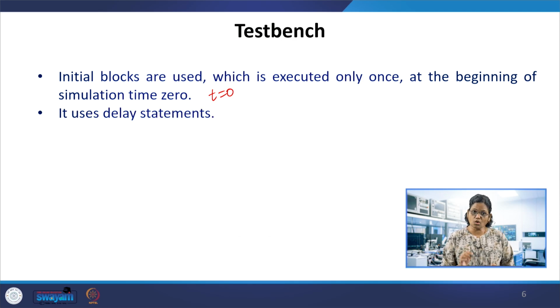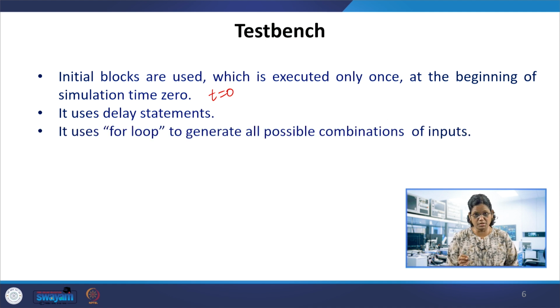The test bench also uses delay statements. You have seen in the examples that the hash symbol is used for the delay specification. Hash 100 time units specifies what input conditions should be given to the module.